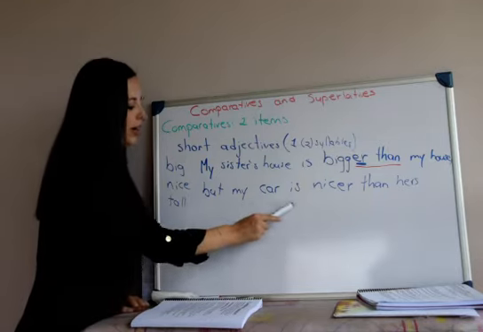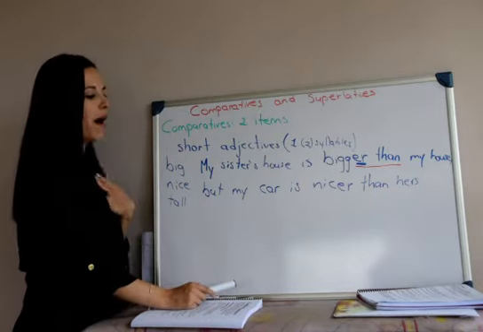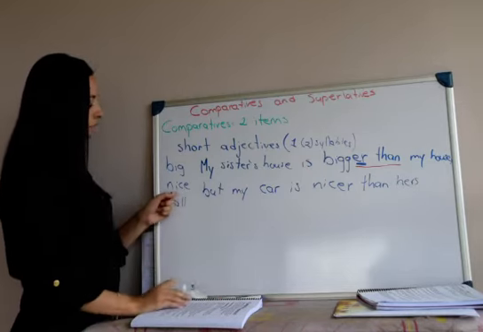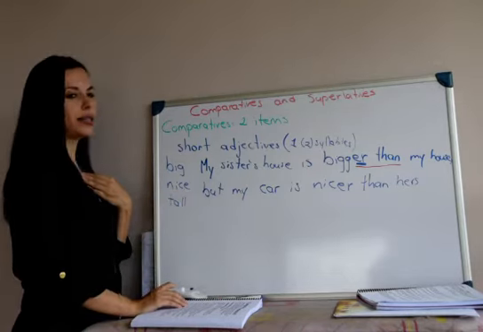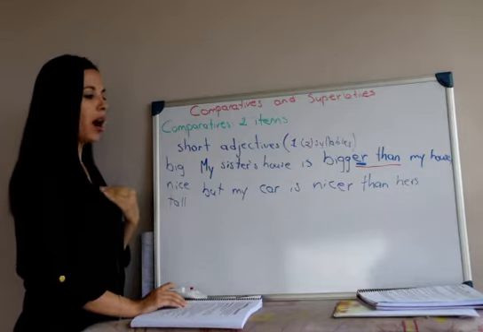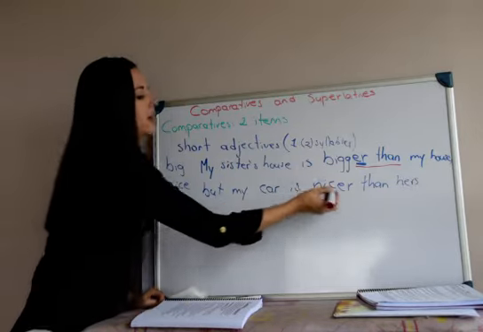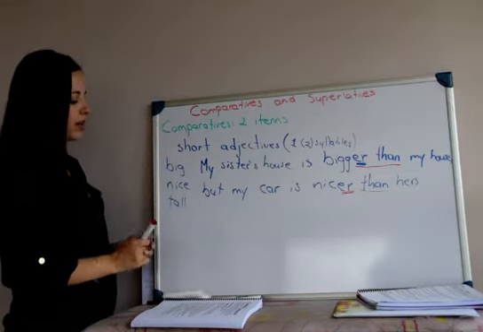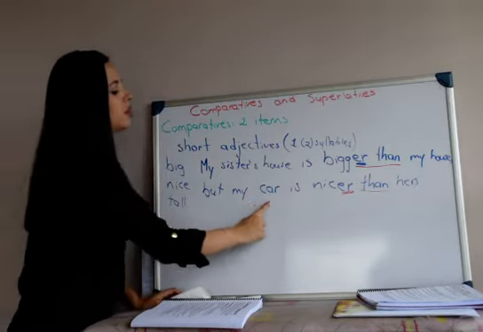Okay, again, here we have a subject, my car is, and we have the comparative. The adjective is nice. Okay, my car is nice. But how do I say that my car is más bonito que el de ella? It's nicer than hers.